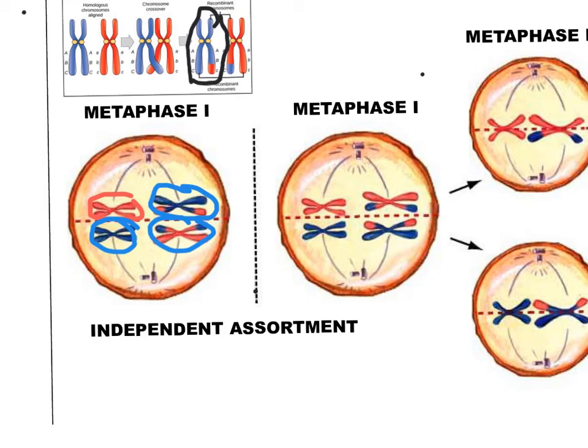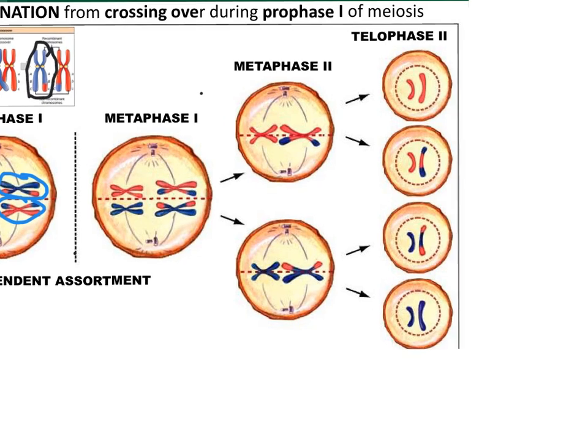It can be paternal for one chromosome, maternal in another, and then all that crossing over. And that happens in metaphase 1. Okay. And then if you follow it in metaphase 2, you see which way things go and which way they can go. And you end up with very diverse gametes.